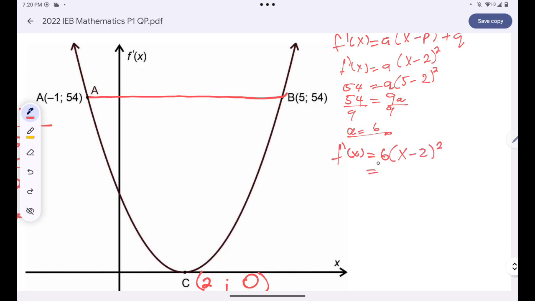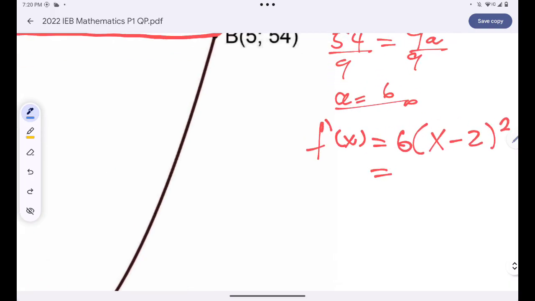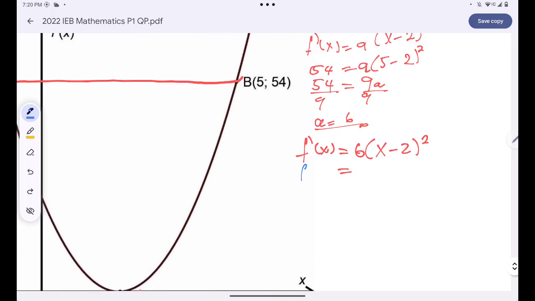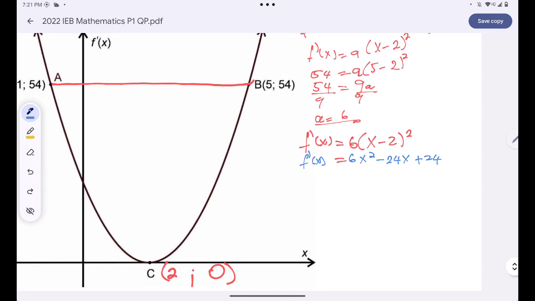I just need to remove the brackets. My derivative is just 6x squared minus 24x plus 24. This is my derivative, right?